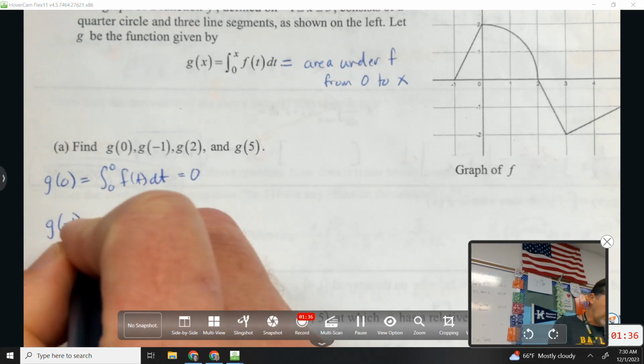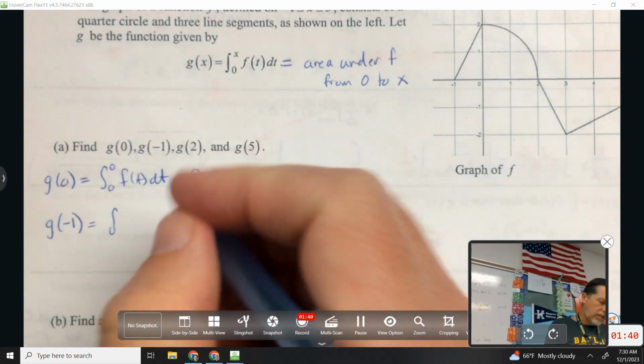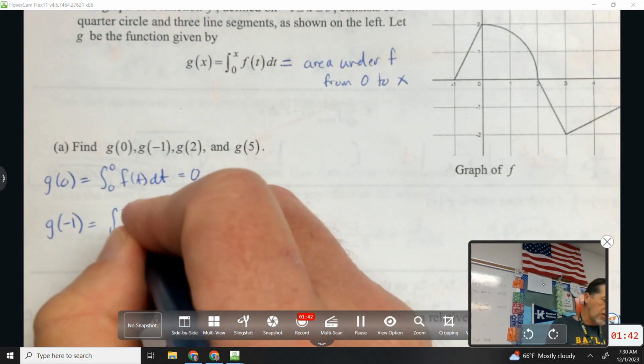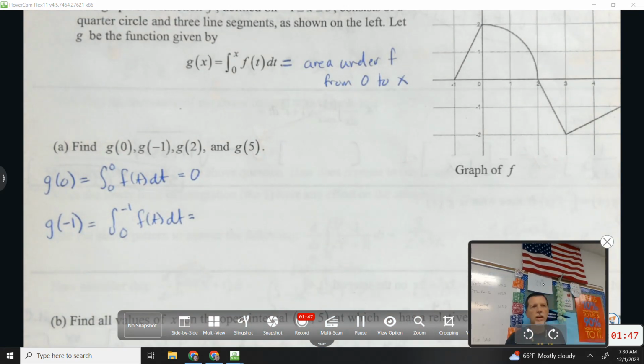All right, G of -1. Okay, -1 goes in for x, so that means from 0 to -1, f of t dt. What's a little bit fishy about that? What's not quite right about that?